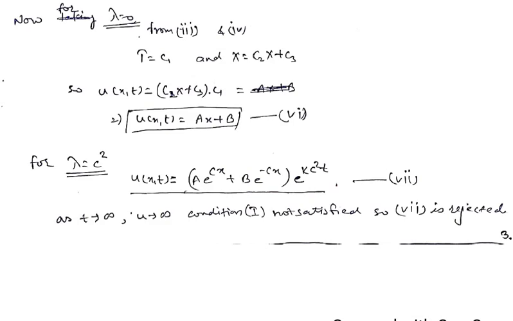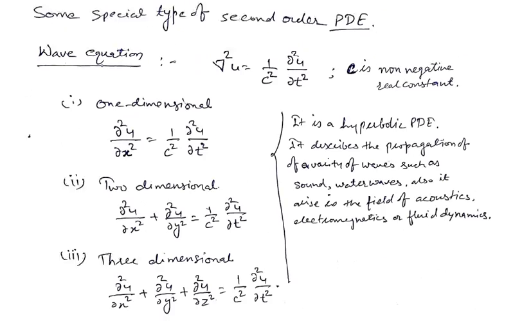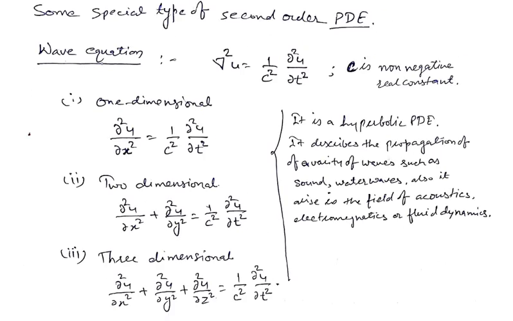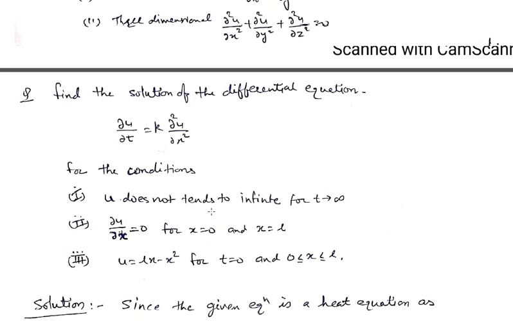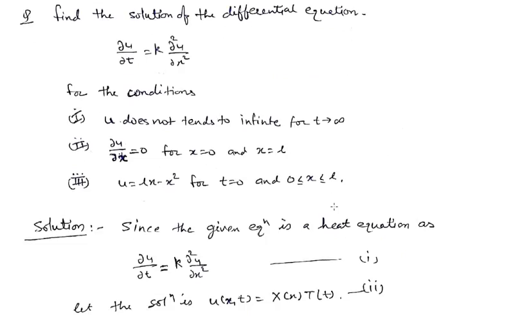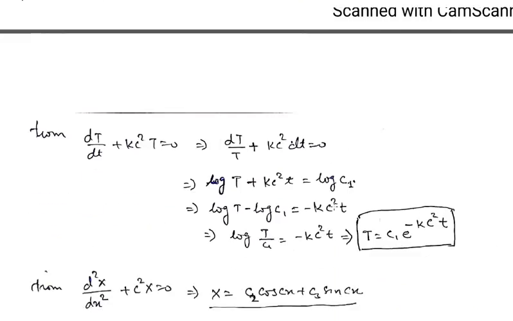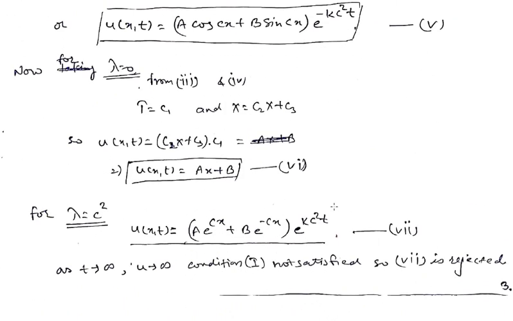Here the first condition, which is that u should not tend to infinity for t tending to infinity, does not satisfy here. That's why the third solution, which is about lambda equal to c square, is not acceptable. So we'll reject it.